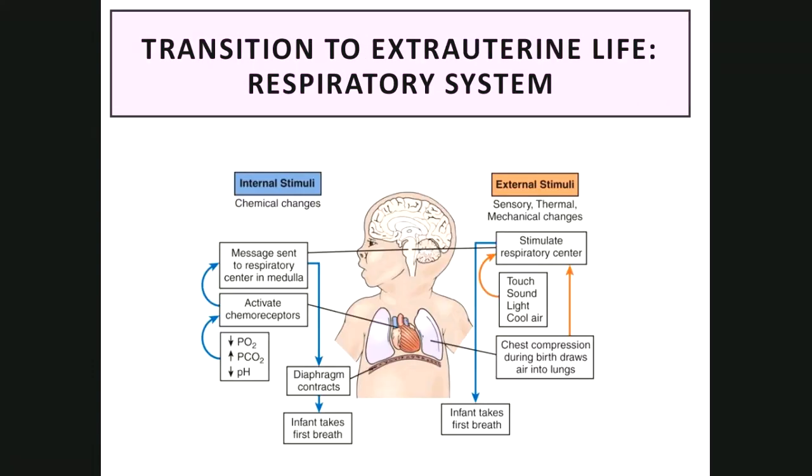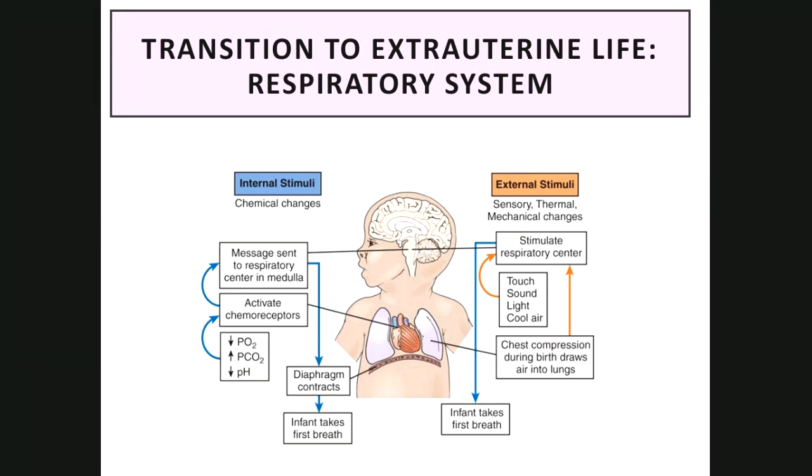And so this transition to extrauterine life that I just talked about involves internal stimuli and external stimuli. The external stimuli we just talked about are sensory, thermal, and mechanical changes. When the baby is born, it goes from a wet, hot, warm environment inside the mom, and there's this change in temperature as it comes out into extrauterine life.